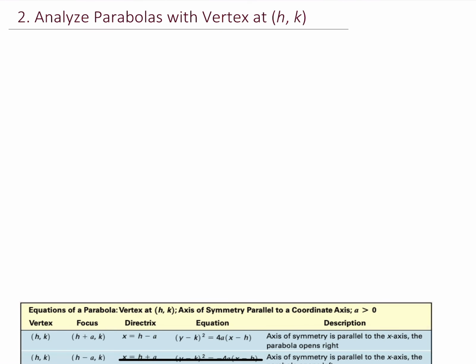So we want to basically shift it to some other location. So just to summarize, when we're at the origin, we have either y² equals 4ax, maybe it's positive or negative, or x² equals 4ay.